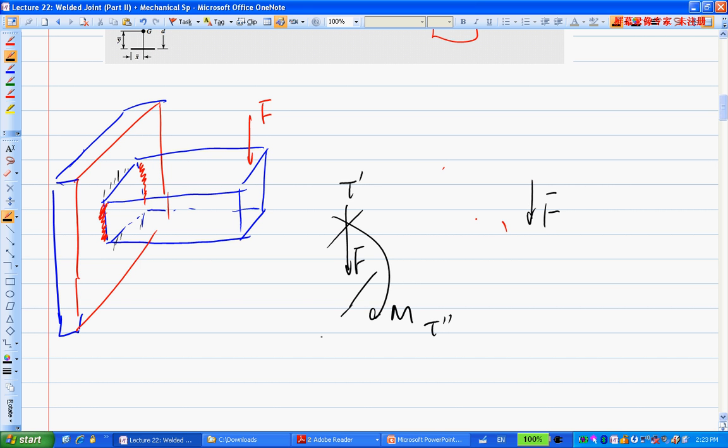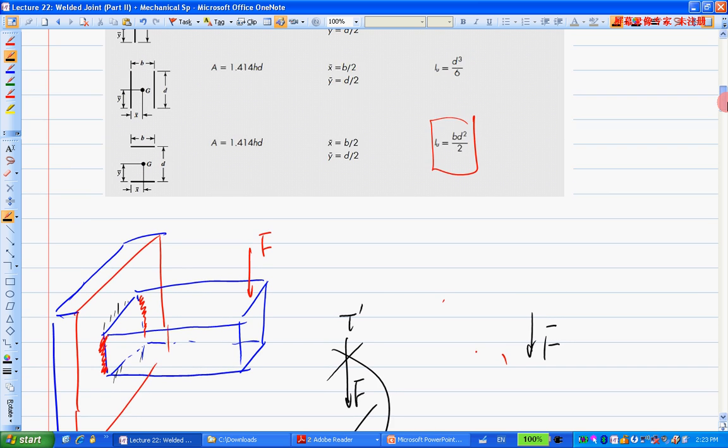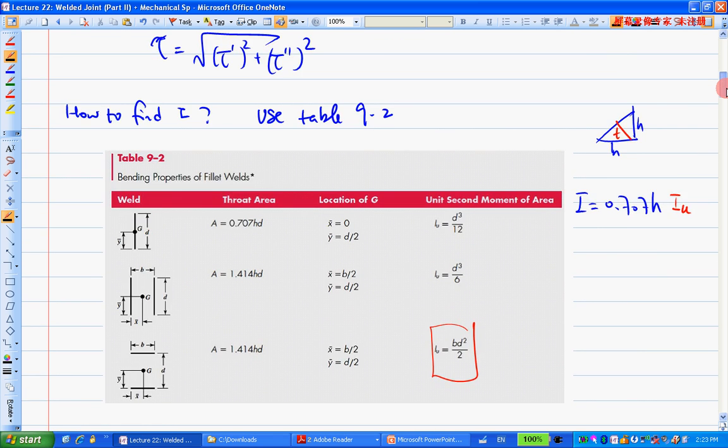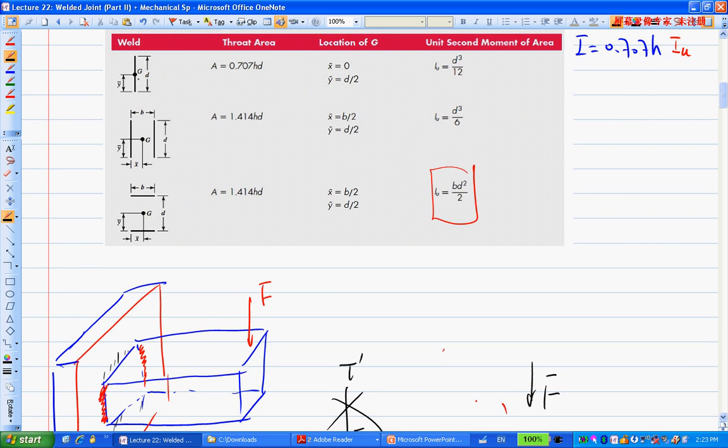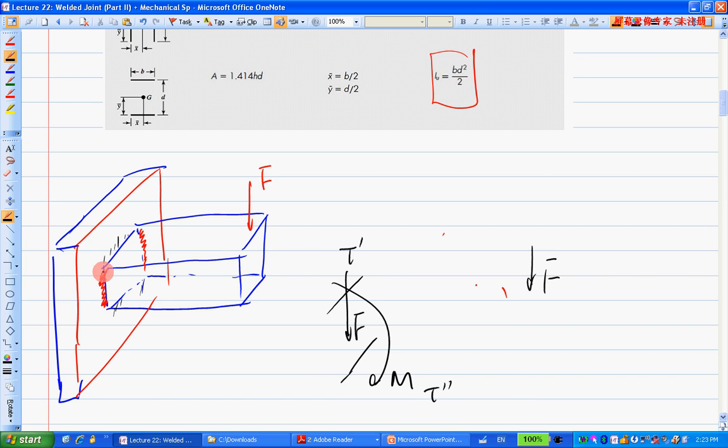So the first one there was just a single bar welded on one side? Which one, in table 9-2? Oh, the one bar. Yeah, just one bar, maybe this side or that side. If it's on one side, technically speaking, if there's a distance between the location of F and the weld, there should be another torque on it.